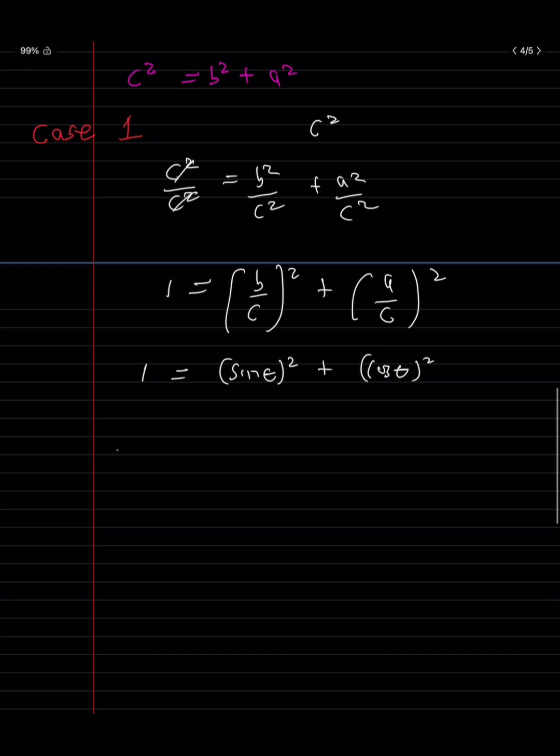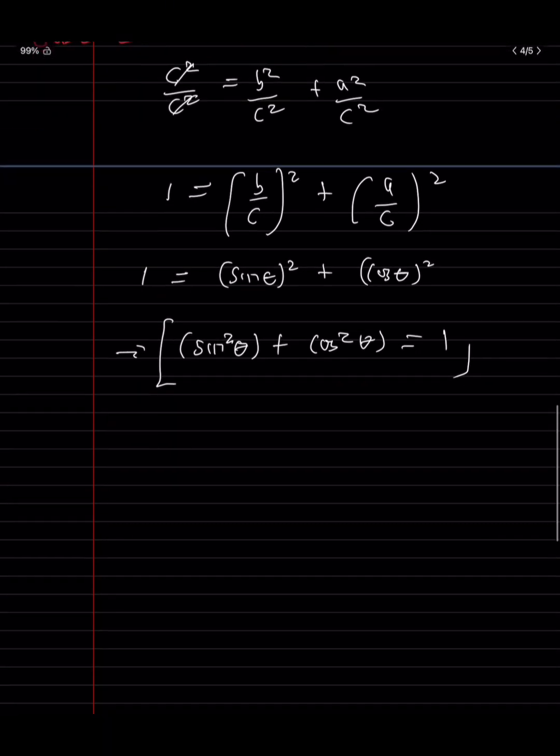We can also write it in this form as sine squared theta plus cos squared theta equal to 1. This is one trigonometric identity that we must keep in mind. This is where the first trigonometric identity comes from.